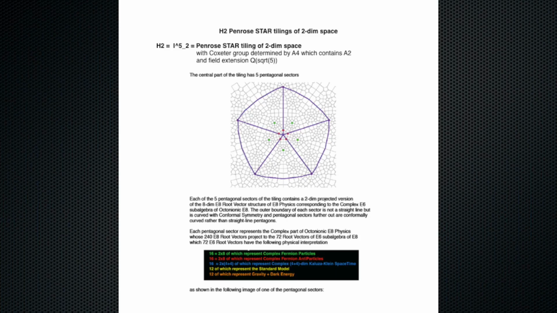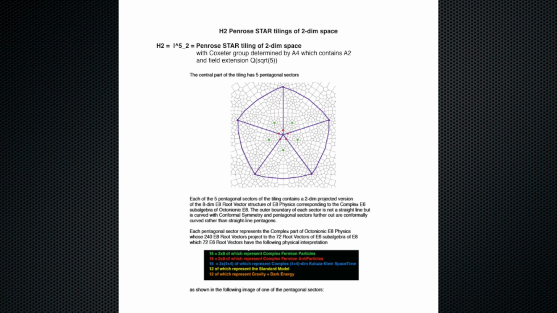But then going down to 2 dimensions, you go down to H2. And H2 is the Penrose star tiling, which is basically a non-crystallographic Coxeter group that's related to the A4 Coxeter group, but not the same thing.